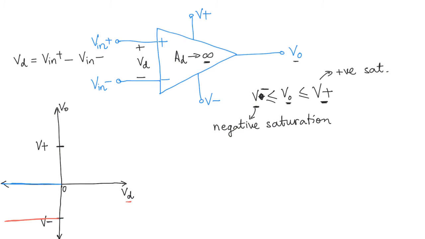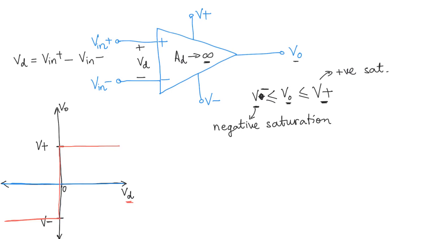Now what happens when VD is positive? This side of the curve. Following a similar logic, VD times AD, which is infinity, would be positive infinity. But the maximum positive value that we can reach is the positive saturation, which is V plus. So my voltage is going to be V plus. At the place where VD is 0, 0 times infinity, well, that's a good question. We don't know. Maybe we could say that it's just going to be 0, and we'll leave it at that.